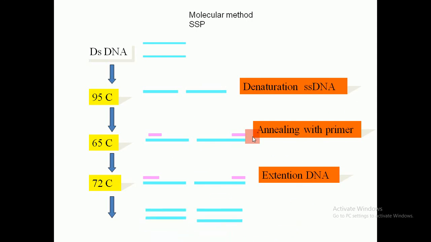And here we end with 2 copies, and this process will be repeated 30 times. This PCR machine repeats this 30 times. So we start with a single copy of double-stranded DNA and end with multiple copies of the double-stranded DNA.